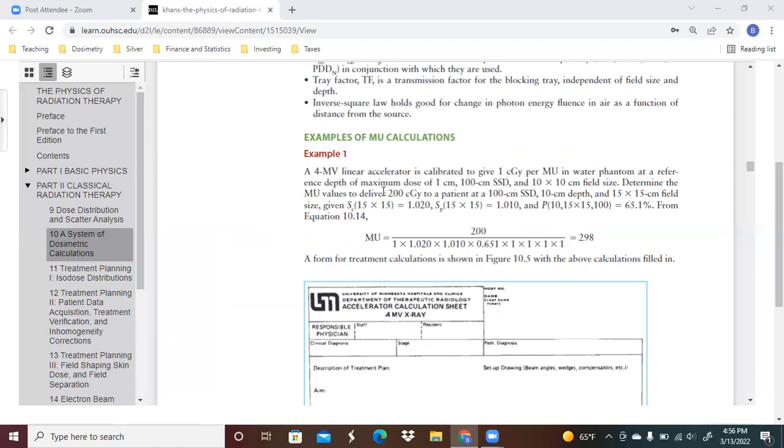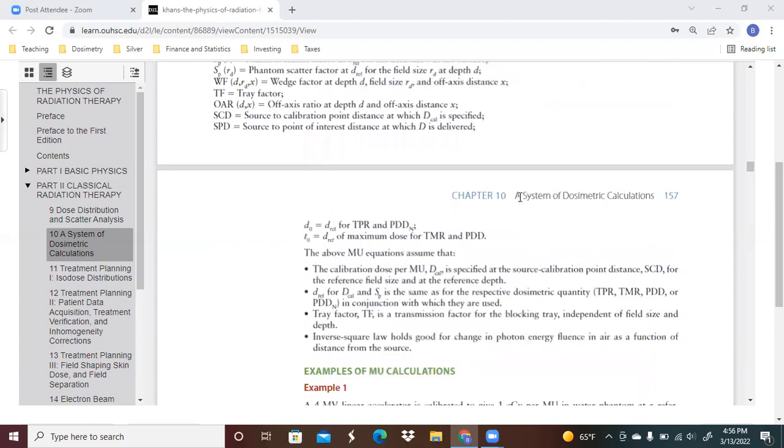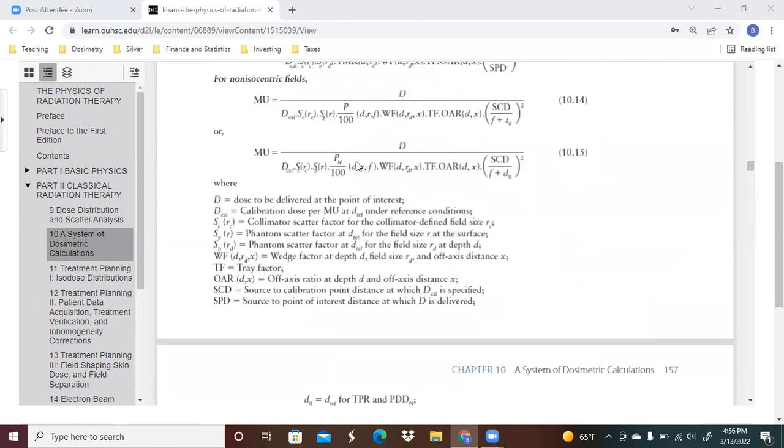Determine the MU values to deliver 200 centigray to a patient at 100 cm SSD, 10 cm depth, and 15 by 15 field size, given that our collimator scatter factor here is 1.02, the phantom scatter is 1.010, and the percent depth dose for 15 by 15 at a depth of 10, SSD of 100, let's see if it gives, yes, all of this right here.